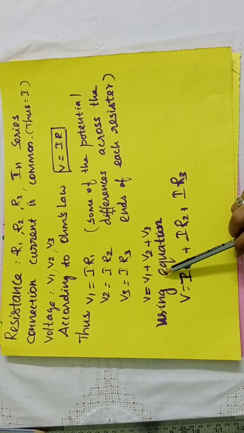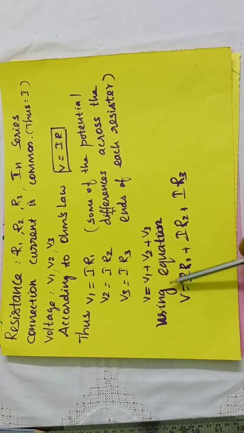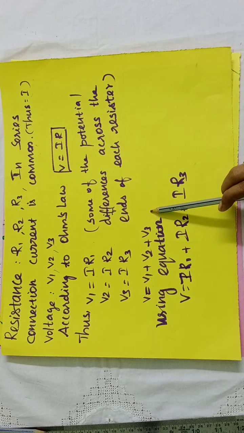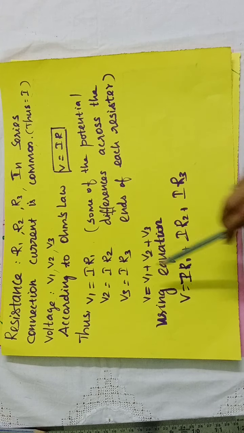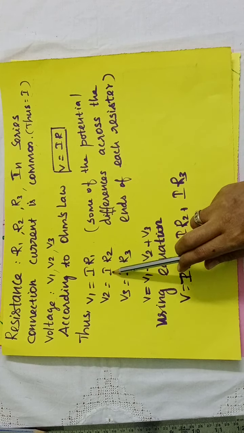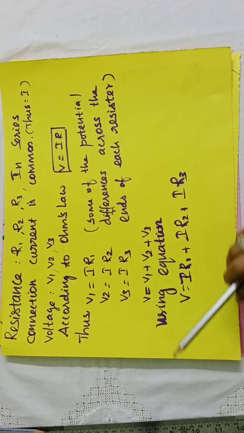Therefore, V is equal to V1 plus V2 plus V3, which gives V is equal to IR1 plus IR2 plus IR3.